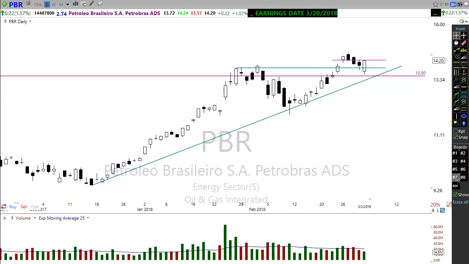Let's say you have a 50-50 win-loss ratio. Okay? Out of every 10 trades, you win 5 and you lose 5. If you're willing to risk $100 on a trade, that's your maximum loss that you're willing to lose.